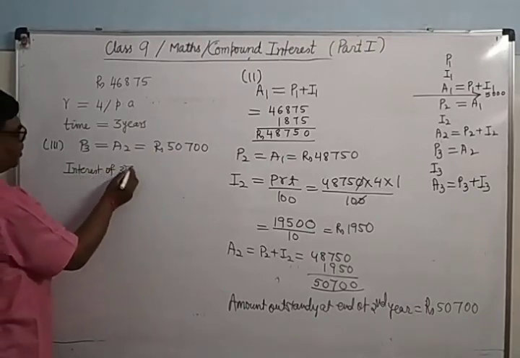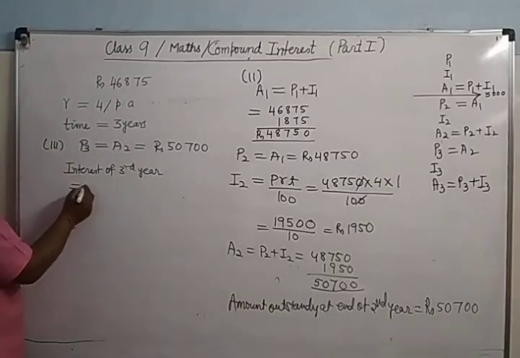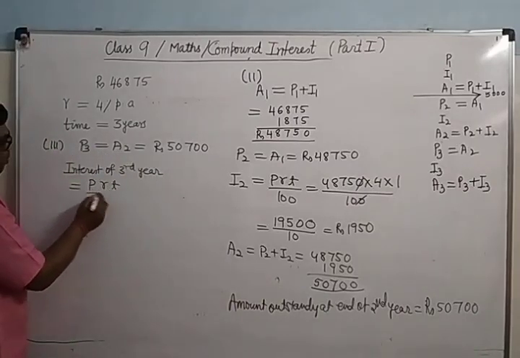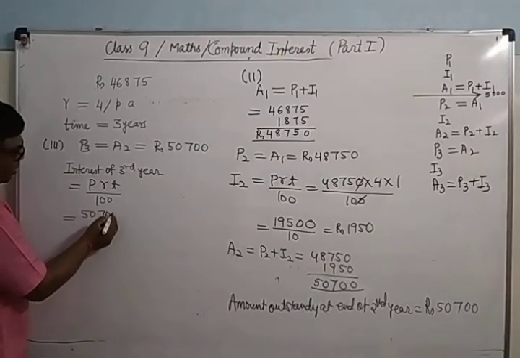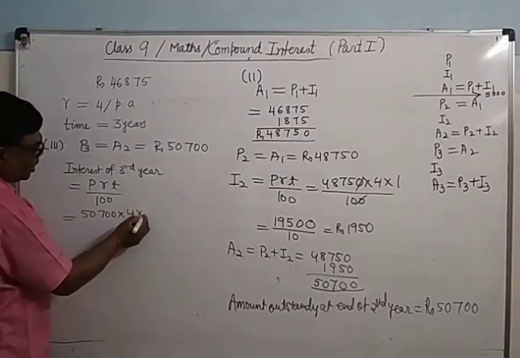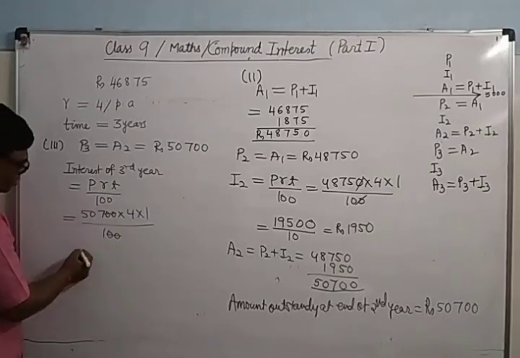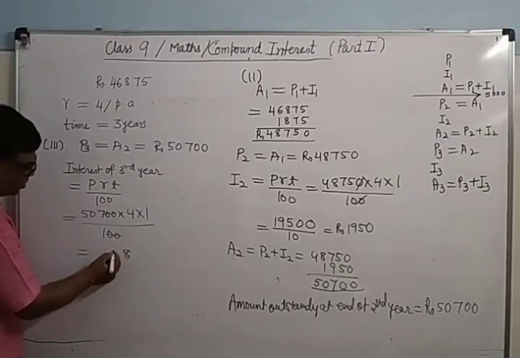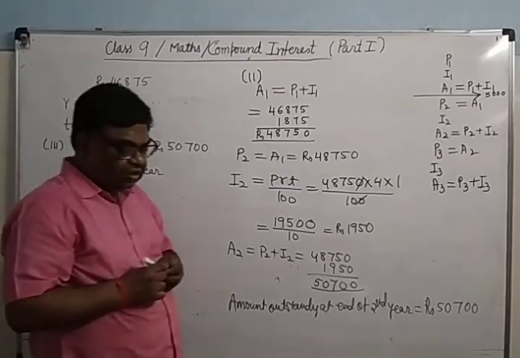The third year's interest will be calculated on the third year's principal. PRT upon 100. P is 50700, rate is 4, time is 1, divided by 100. So this is the interest of the third year.